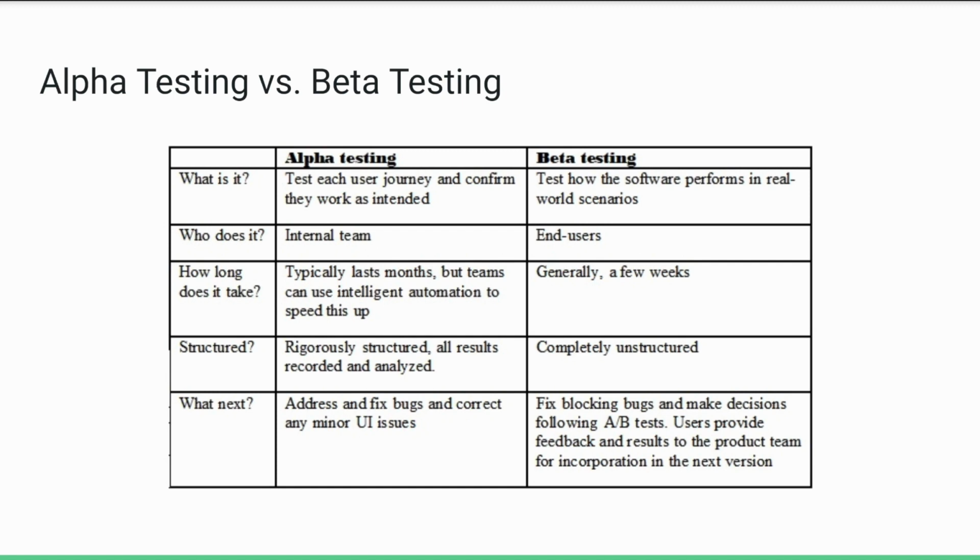So alpha testing, we have members of the internal team or company testing the software. Beta testing, we have a small group of future users or intended users testing the software to make sure everything works the way it should, and to give feedback as to whether the software meets their needs or not.